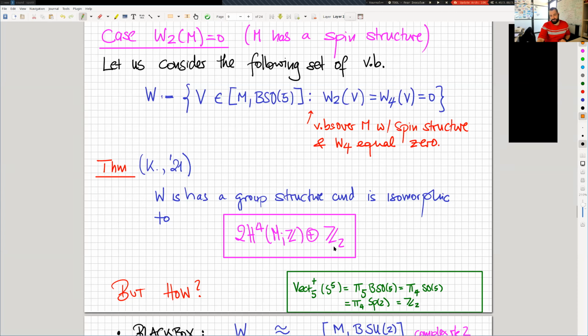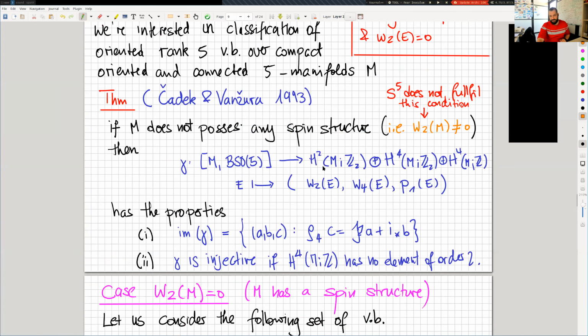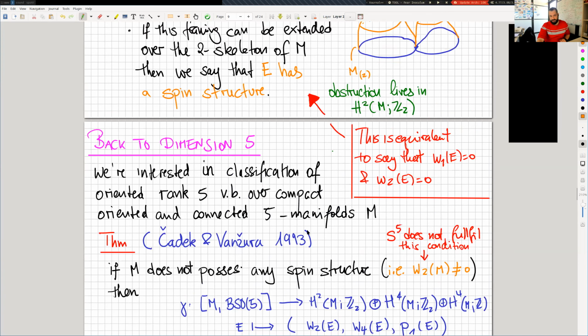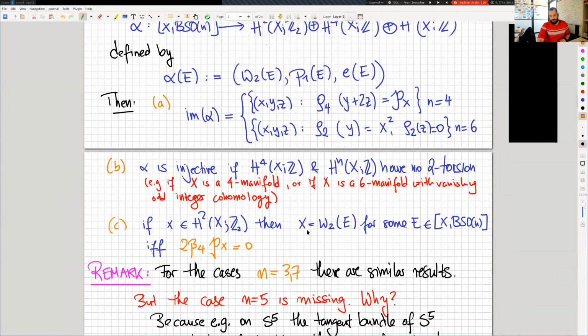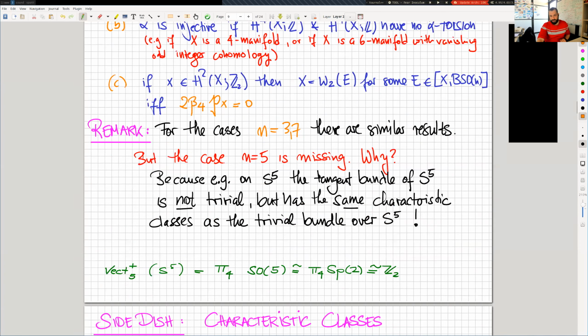We have only this Z2 factor, and I will explain how you can distinguish these two. So actually, this invariant will do exactly that. It will decide which bundle you have of these two. This was the main question here. The characteristic classes cannot do it, so we need another invariant to distinguish the tangent bundle of S5 from the trivial bundle.